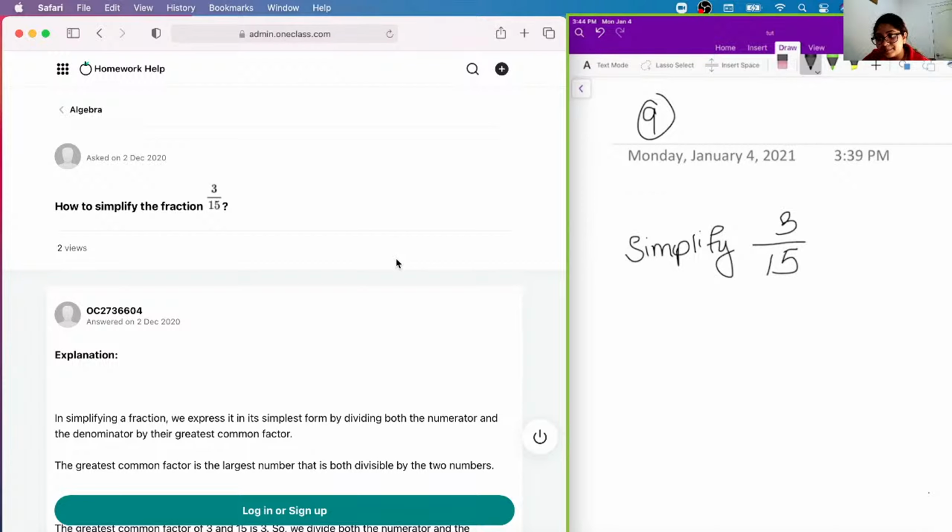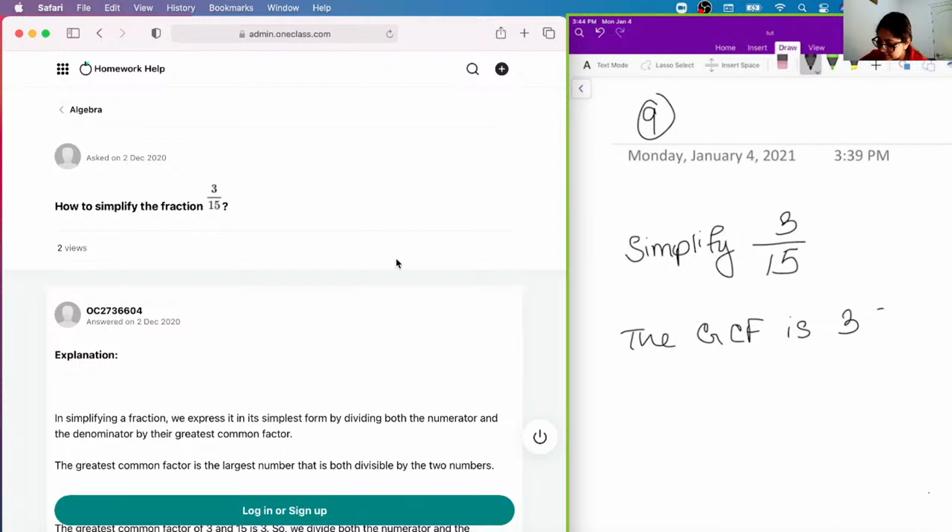Okay, so the greatest common factor between these two numbers is the largest number that is divisible into both numbers. And so in this case, you can see that 15 is divisible by 3, and 3 is divisible by 3 too. So the greatest common factor is 3.